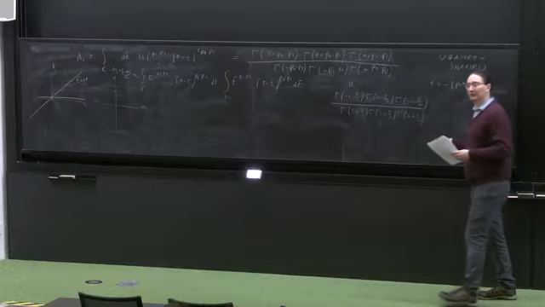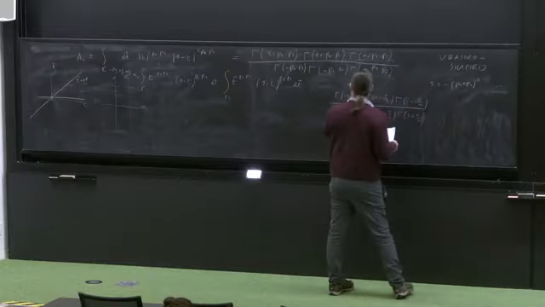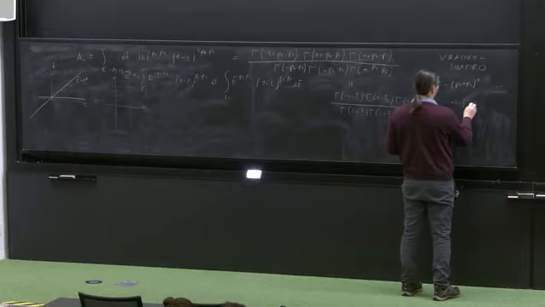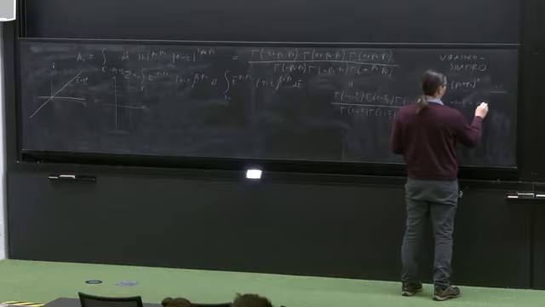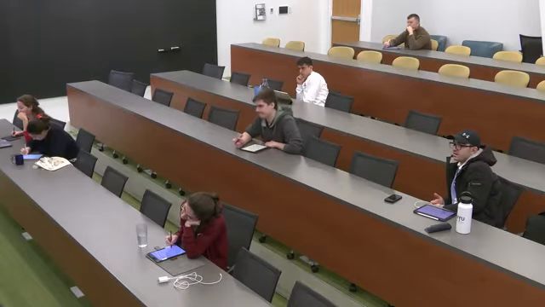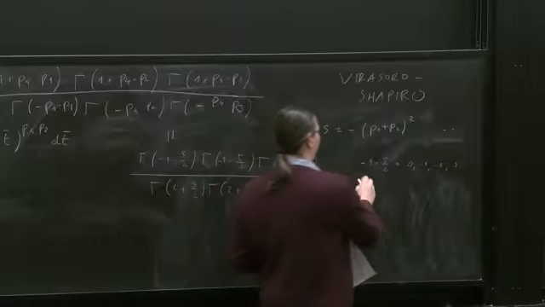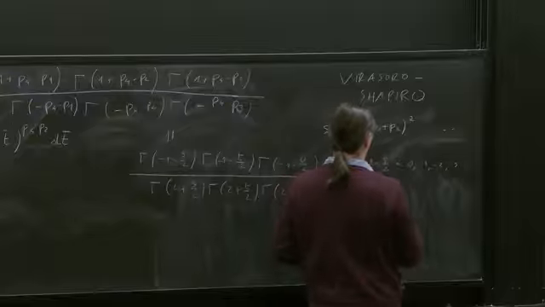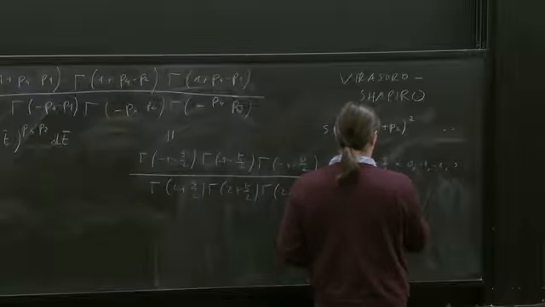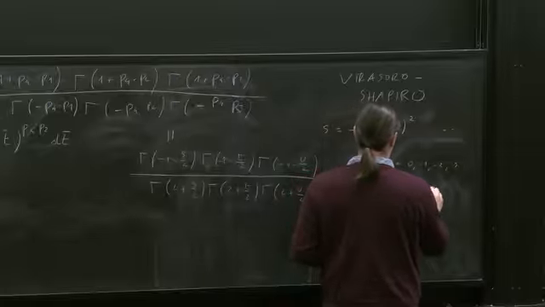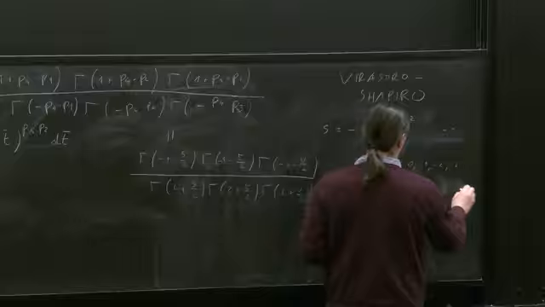It has poles when, say, -1 minus s over 2 is equal to 0, -1, -2, -3, etc. Which means that s is -2, 0, 2, 4, 6, 8, and so on.